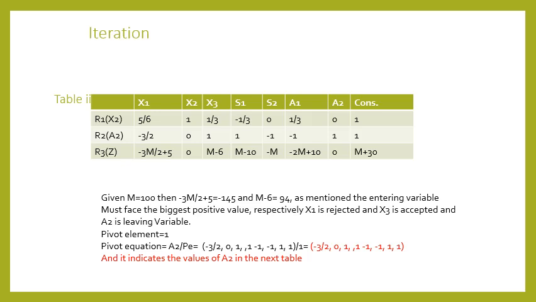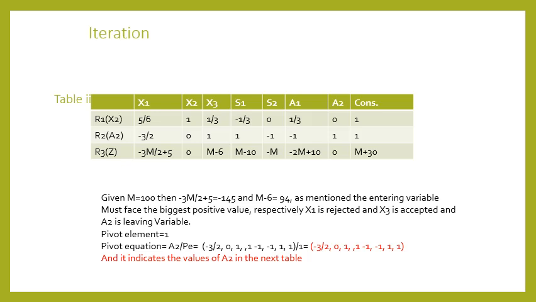by assuming M equal 100, then negative 3M over 2 plus 5 equal 145, and M minus 6 equal 94.